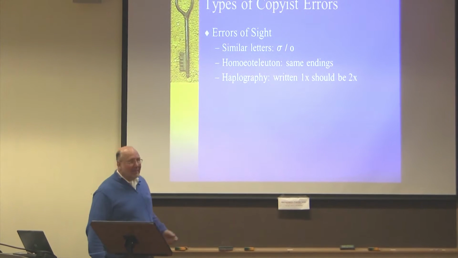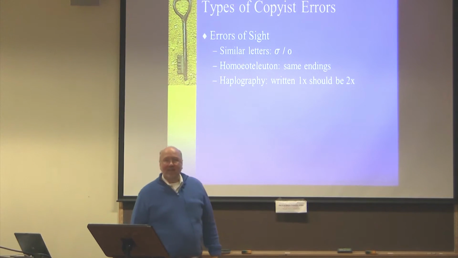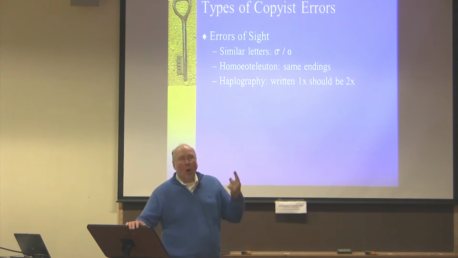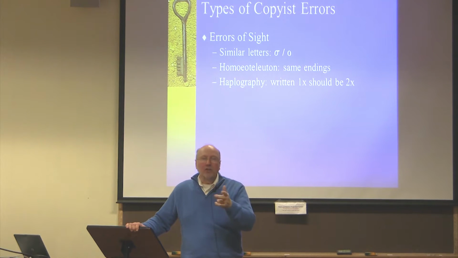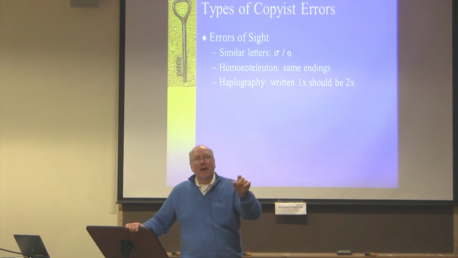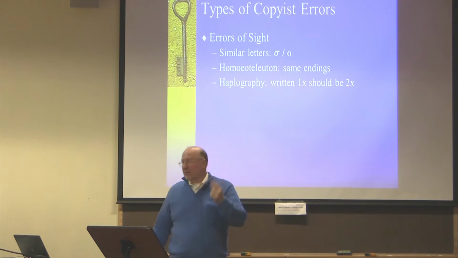Haplography. Haplography means it's written once and it should have been written twice. There may be a passage where Jesus repeats himself and he says the same thing in 2 different places, twice. And the scribe then, when he writes it once, he goes back and he says, I just wrote that, and he skips it. It should have been written twice, but it was only written once.